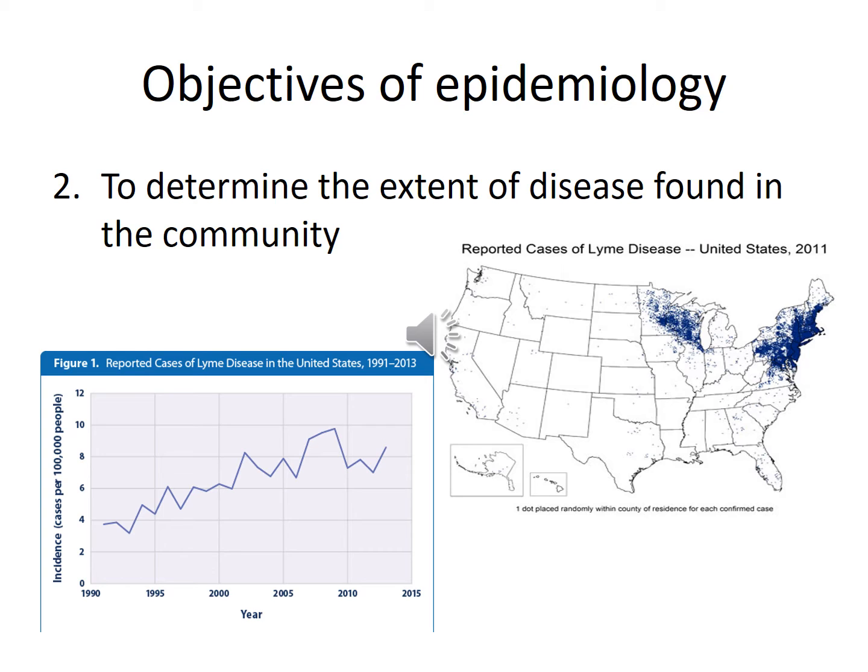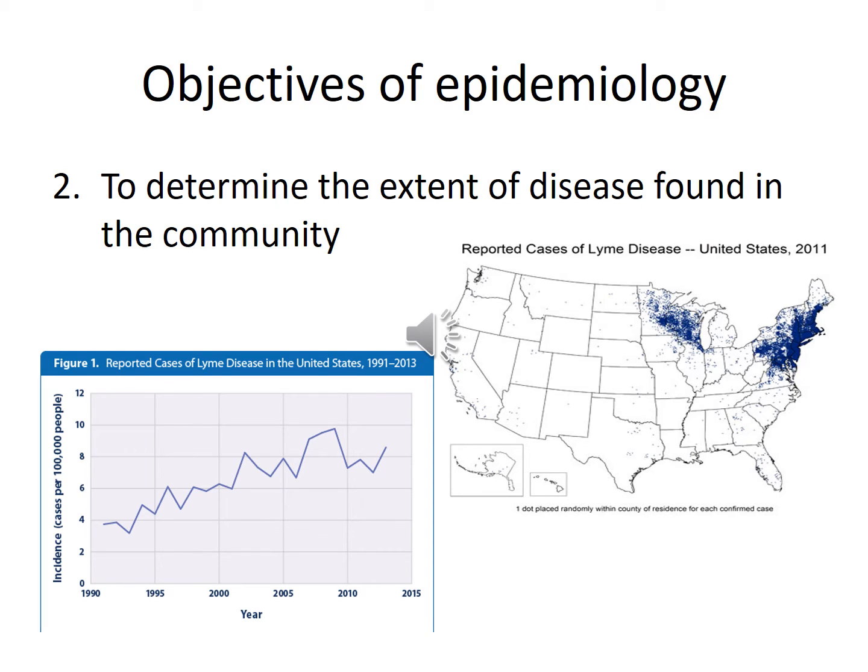And we'll notice that it's climbing. And so what we can say from that graph is that the amount of Lyme has increased over the years. And we can kind of see peaks and valleys, but overall, the slope of it is headed in the same direction. The second chart shows us where the Lyme disease is found, and that's only in 2011. And so we can see the extent of how far it's spread.